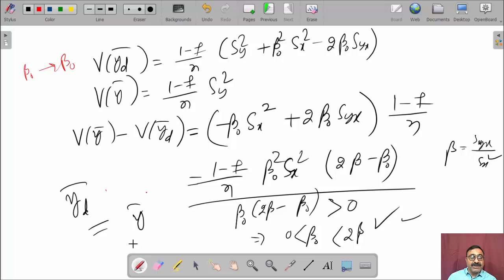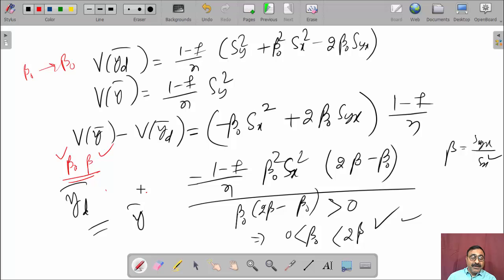But if beta 0 differs substantially from beta, then the variance of the difference estimator will be sufficiently more than its optimum variance. Hence, it is necessary to investigate the closeness between beta 0 and beta, that means how much beta 0 differs from beta.